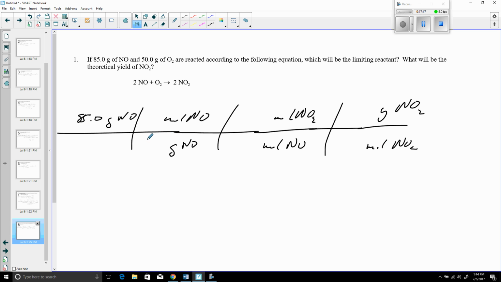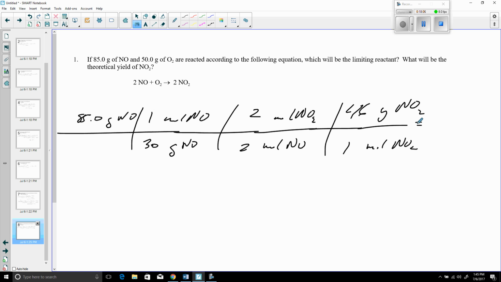So the molar mass of nitrogen monoxide is 30 grams, equal to 1 mole, whereas our ratio here is 2 to 2, so we don't need to do too much work there. Those will cancel on our calculator. And then 1 mole is equal to 46 grams.